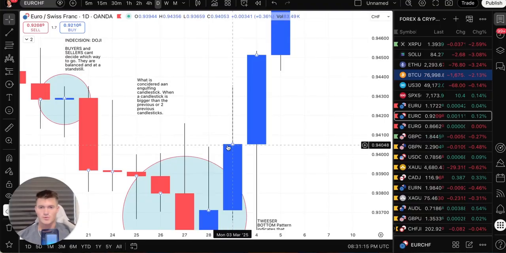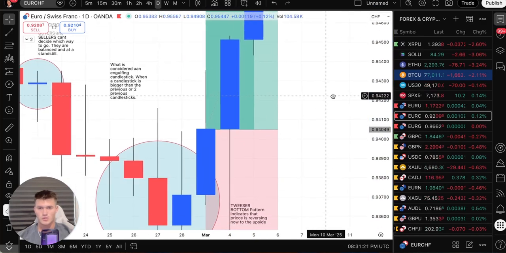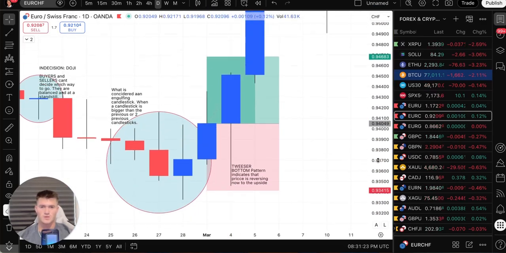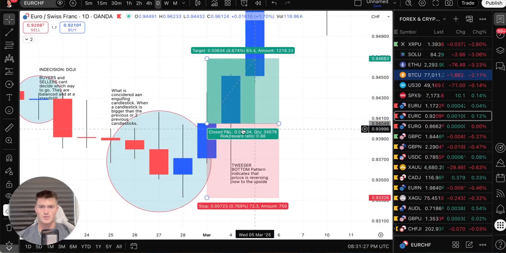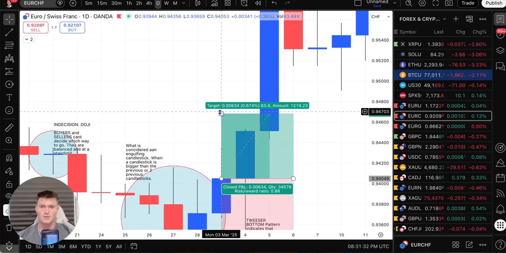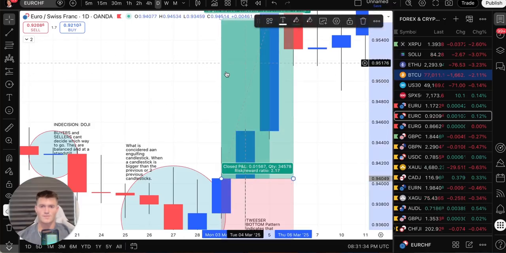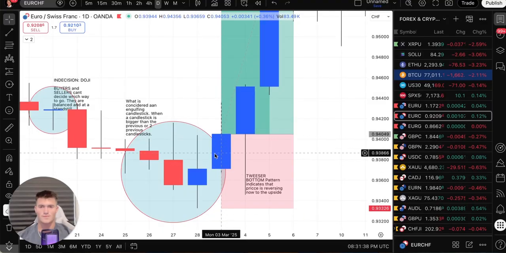So you could enter something right here, enter a long position off of the bullish engulfing. Make sure that stop loss is at the correct place just in case these big wicks come in, try and take you out, and then apply your take profit to a reasonable area. Enter off of an engulfing.